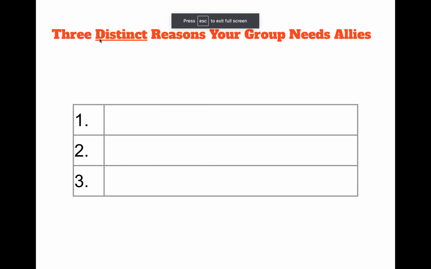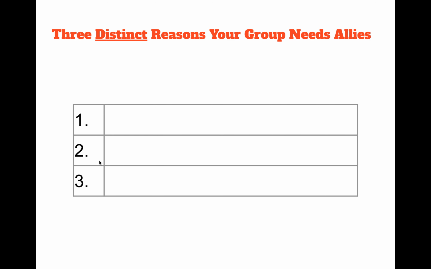This is where you will write your 3 distinct reasons your group needs allies. So for instance, I've mentioned left-handed people here. I'll keep going with that. The first reason that left-handed people need allies is nothing is designed for left-handed people in society. They can't use measuring cups, they blah, blah, blah.